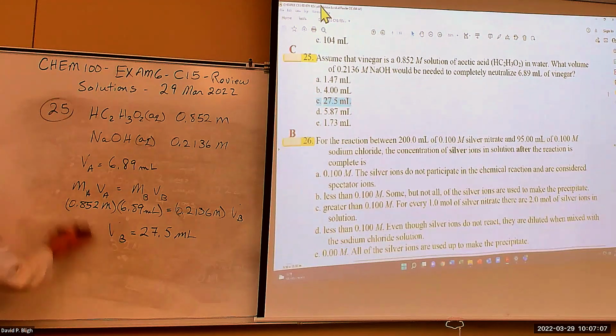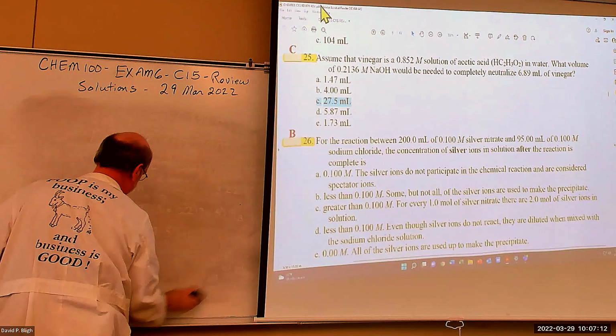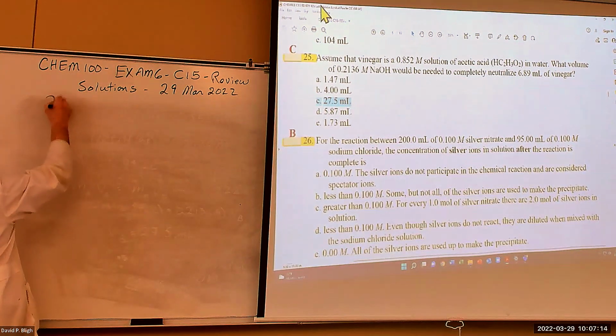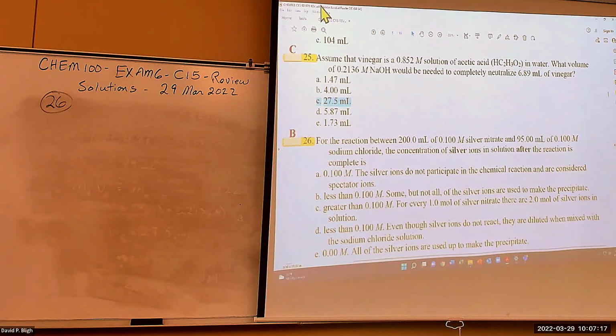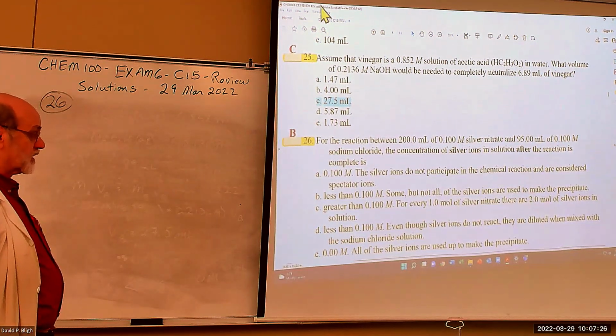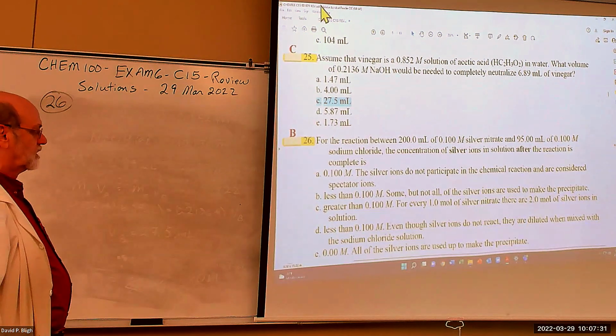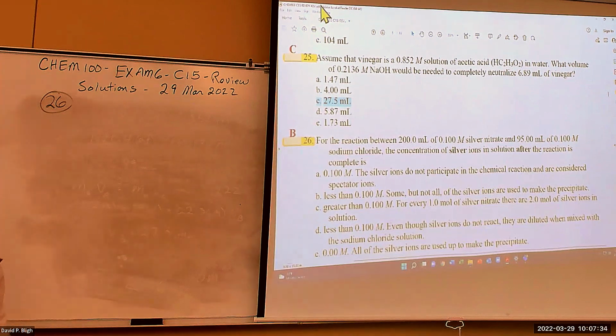Okay, 26. For the reaction between 200 milliliters of 0.1 molar silver nitrate and 95 milliliters of 0.1 molar sodium chloride, the concentration of silver ions in solution after the reaction is complete. This one should have been dovetailed with 3 and 6.